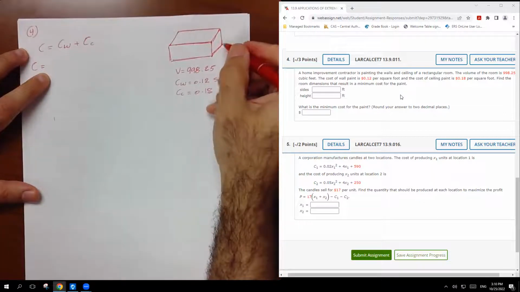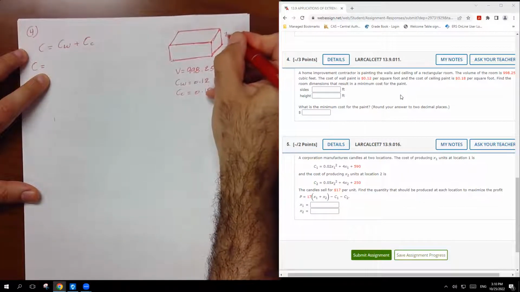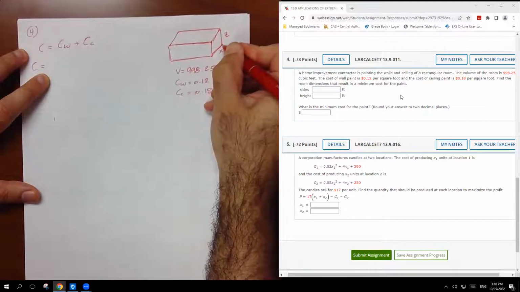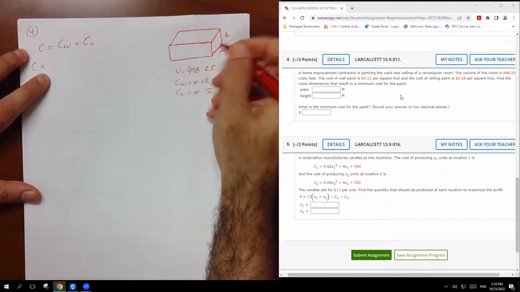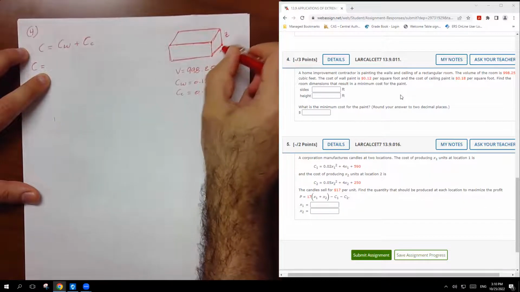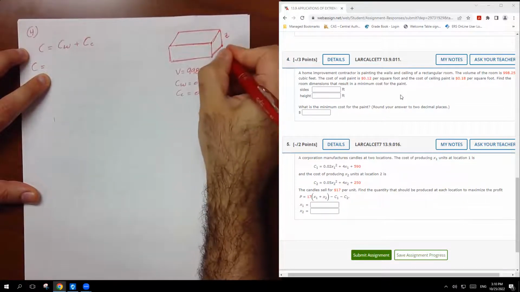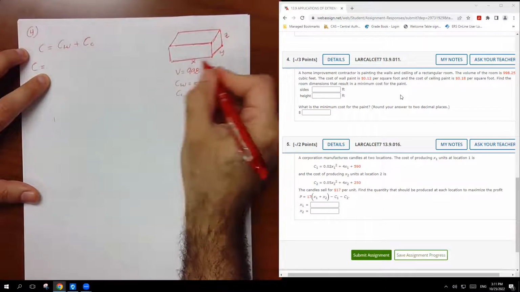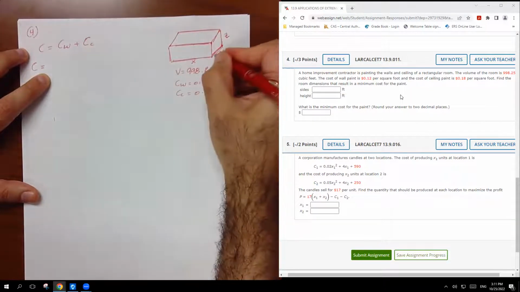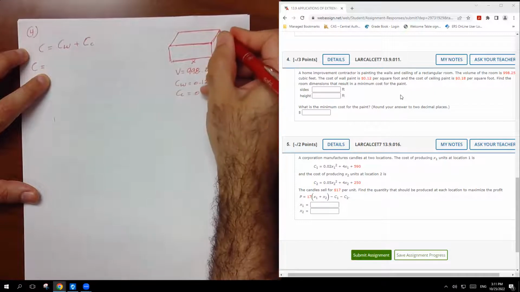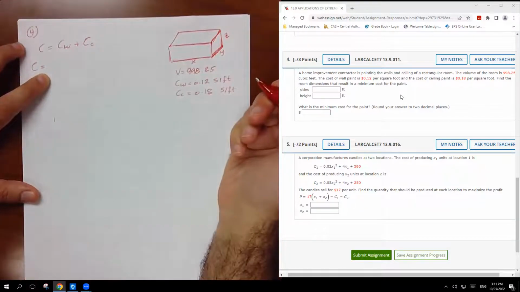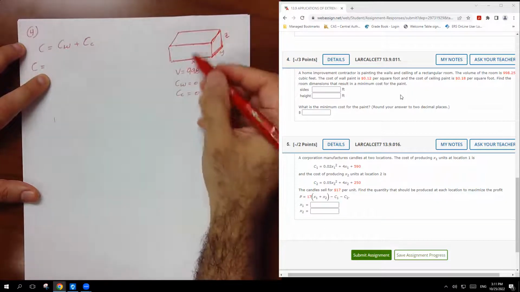Now let's find out how we're going to find the cost of painting the wall. This is the height Z, this is the width Y, and X is the length. It doesn't matter which one you choose as X, it's going to be the same thing. Now, how many sides do we have with the walls?